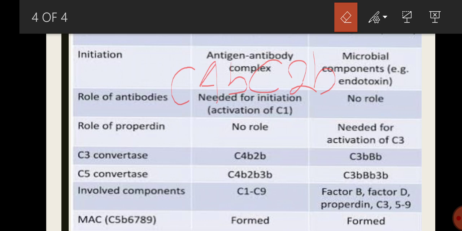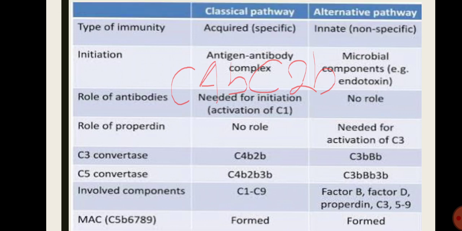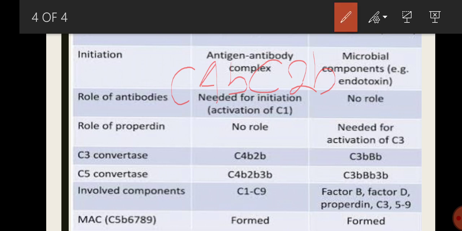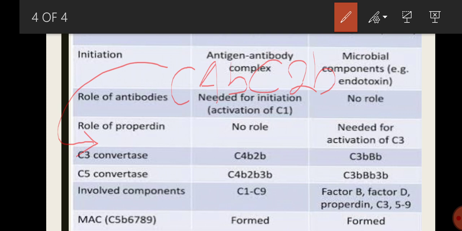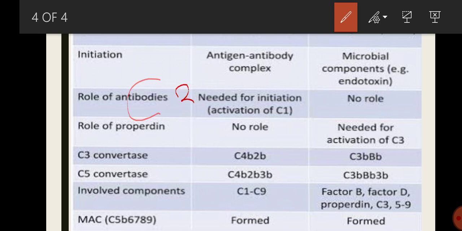Rather, we will have C4b and C2b as a convertase known as the C3 convertase. Okay. But in case of alternate pathway, what we had actually, we had C3b directly bounded to endotoxin. Then we had B and its b part. These two things, the complex of C3b and Bb, will function as a C3 convertase.